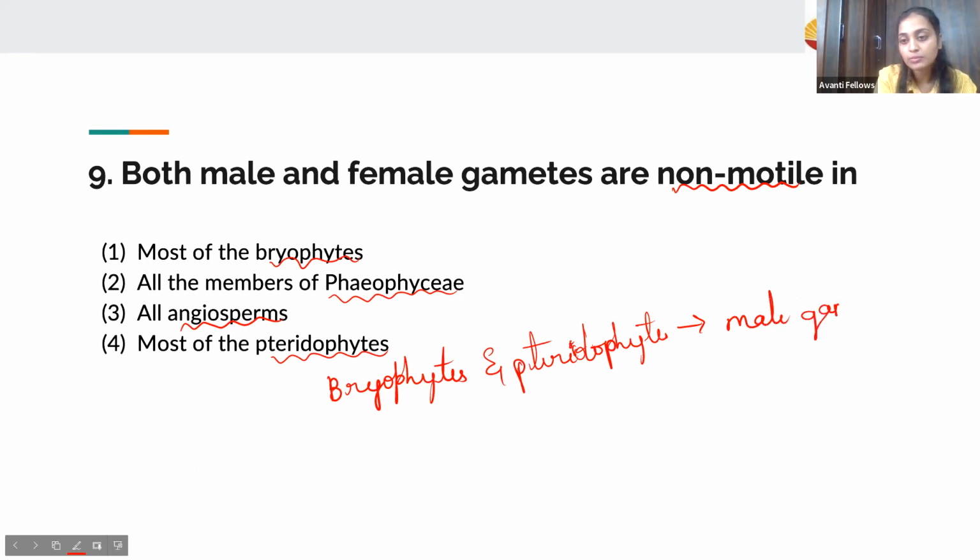Yes, male gametes are motile, and we all know that they require water for fertilization. Yes, water as a medium for them.